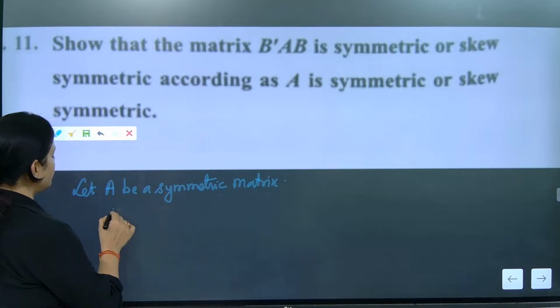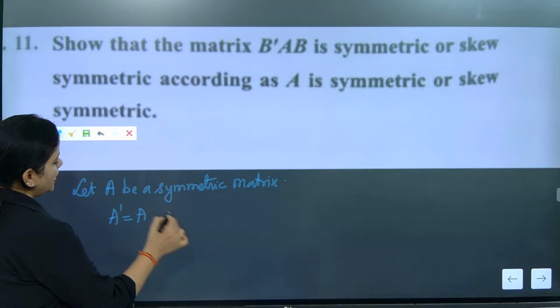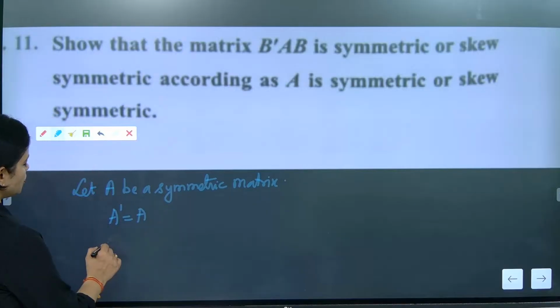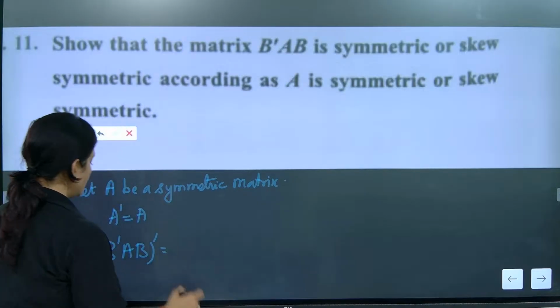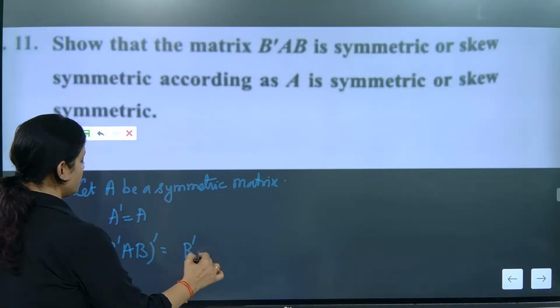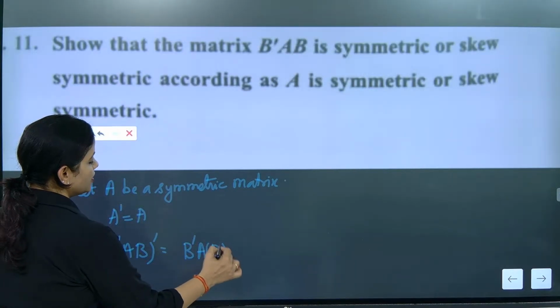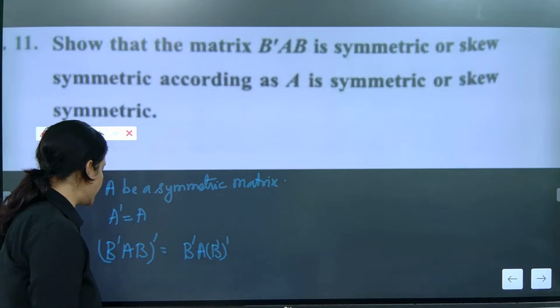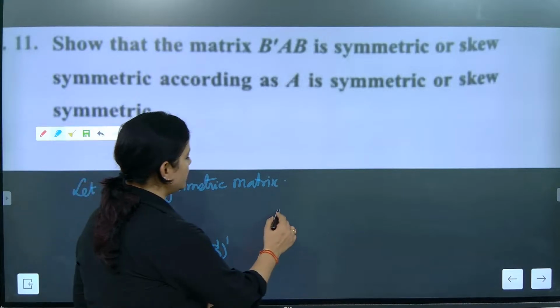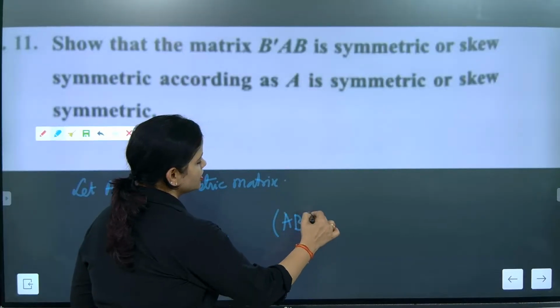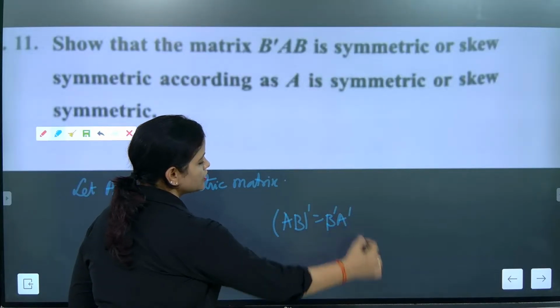Transpose of A will become equal to A. Now we need to put transpose on B transpose A B. The moment we put transpose here, be very specific: B transpose A B double transpose, because inside transpose and outside transpose, it will reverse in order. Already we know that the transpose of AB is equal to B transpose A transpose.